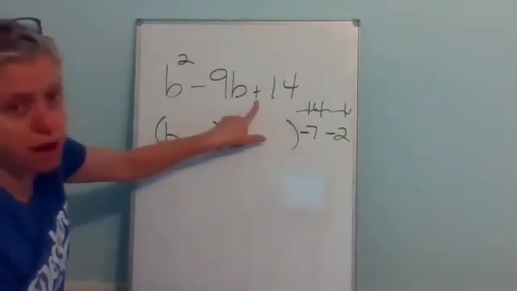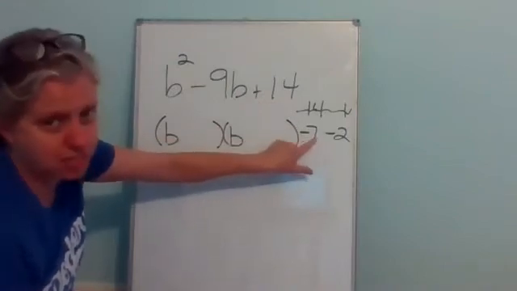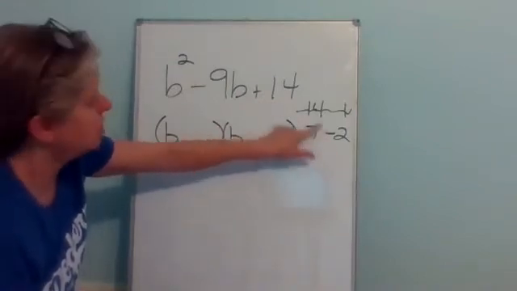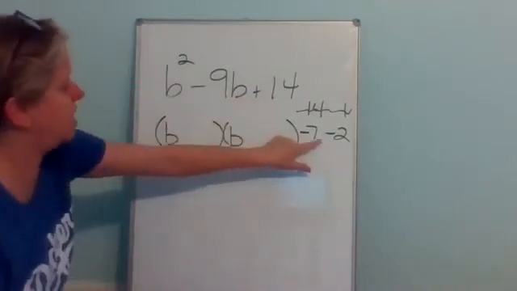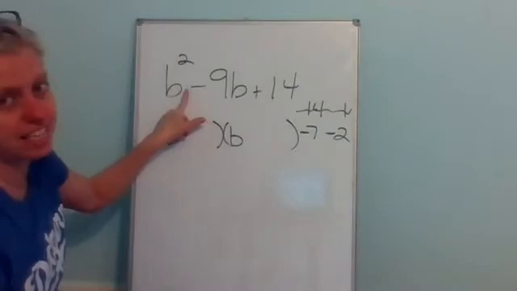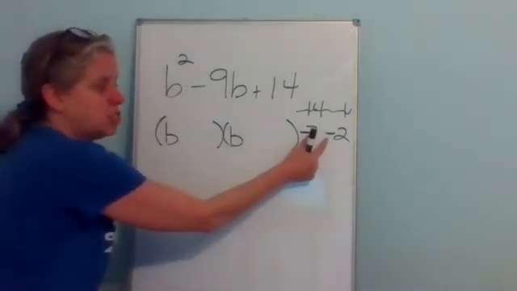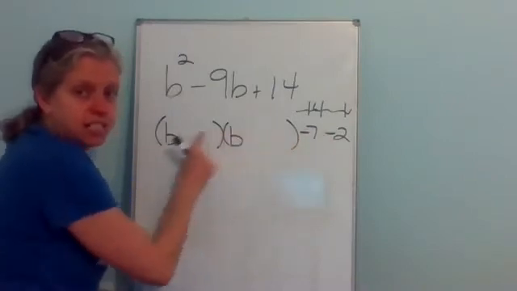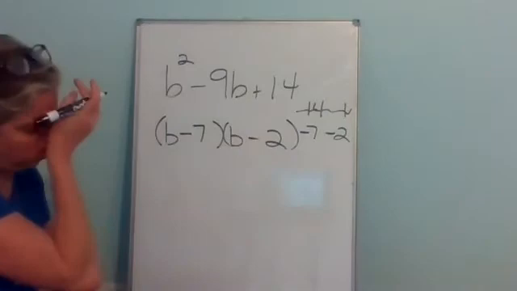Which doesn't mess up my positive 14, does it? Because what's -7 times -2? It's still positive 14. I just need them both to be negatives because I need them to add to -9 and not +9. Again, once you get your signs, it doesn't matter who goes where. So a -7 and a -2.